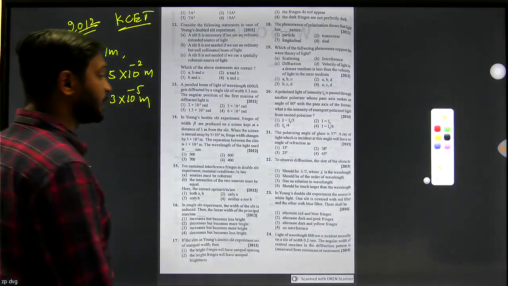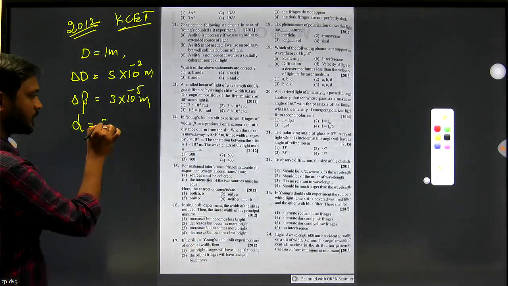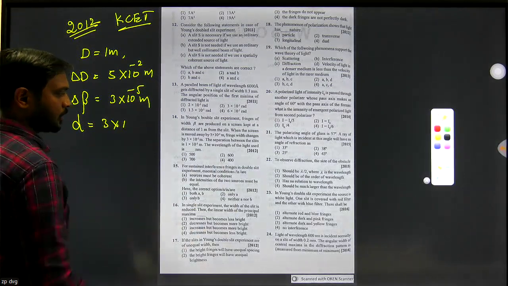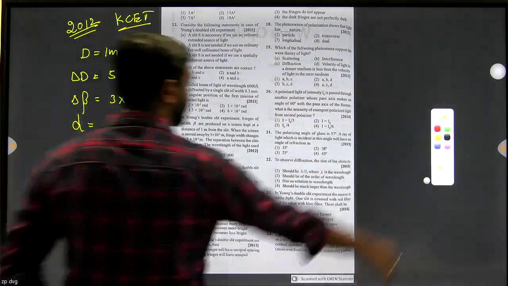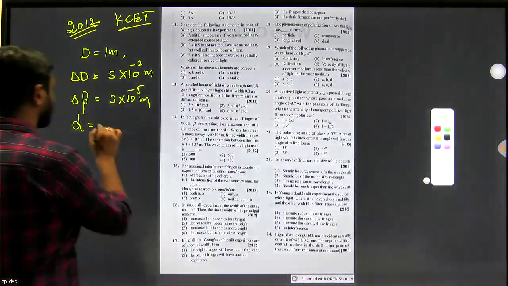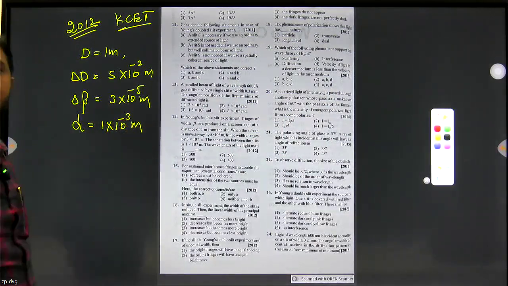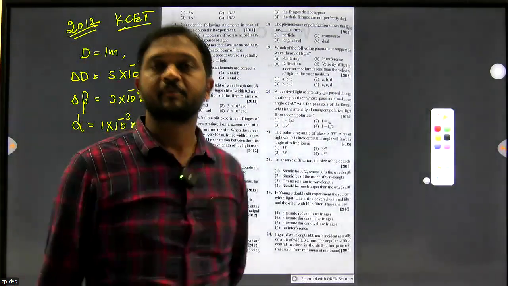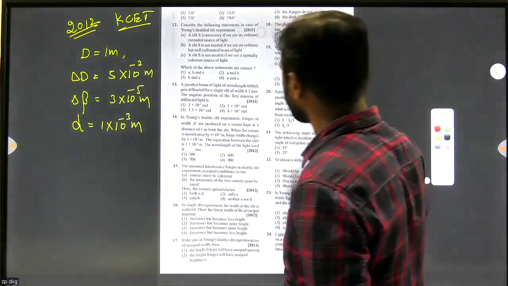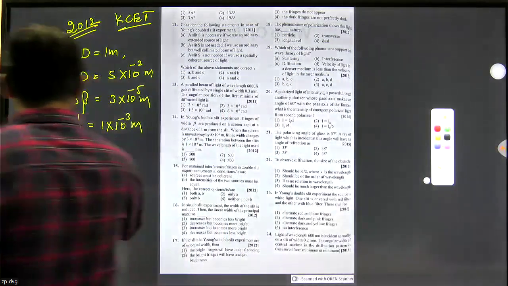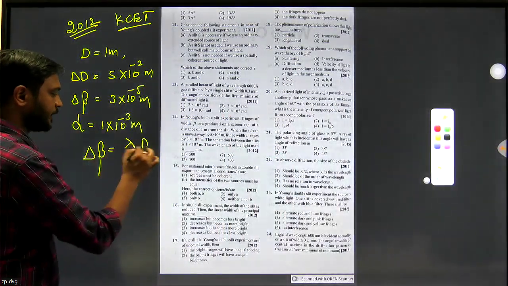The separation between the slits is small d equals 1 into 10 to the power of minus 3 meter. The wavelength of the light used in nanometer is? You have to calculate the wavelength. See, what is the formula? Delta beta equals lambda delta D divided by d.